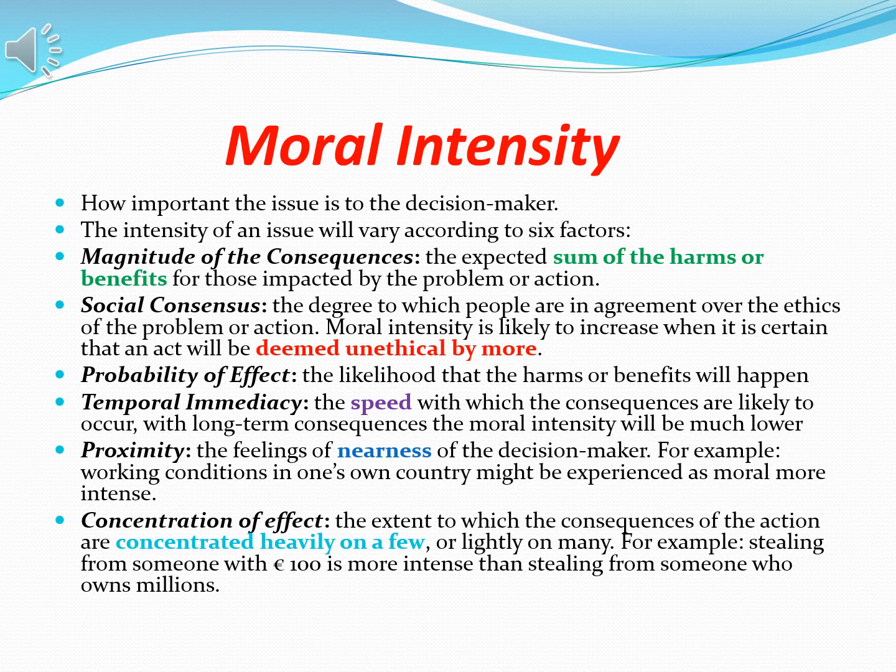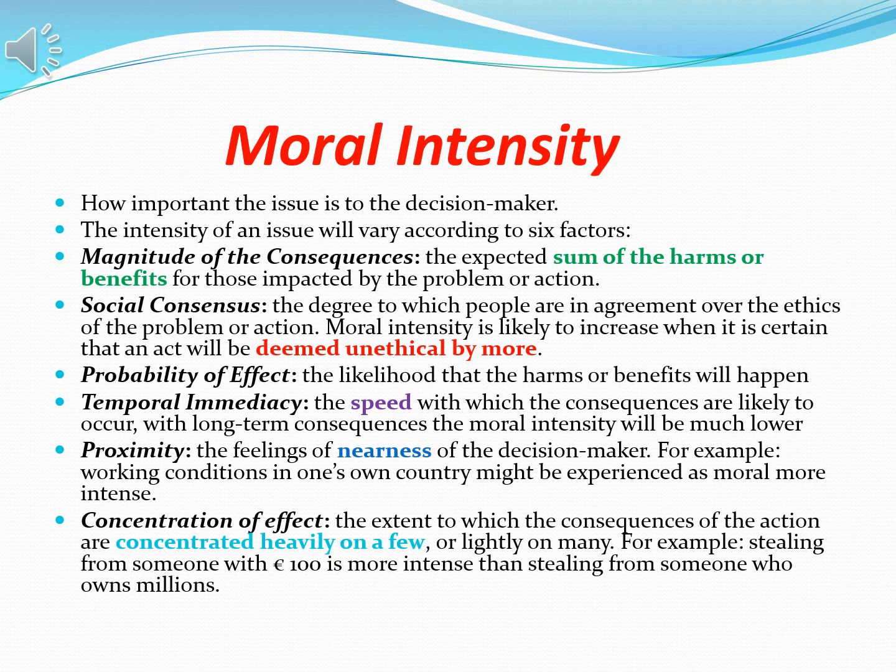Then social consensus: the degree to which people agree over the ethics of the problem or action. Moral intensity is likely to increase when it is certain that an act will be deemed unethical by more people. So you go with what the majority is saying. If the social consequences of a decision are very disturbing, you don't do that thing.